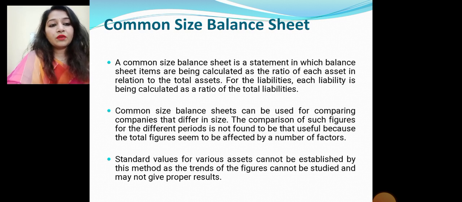The comparison of such figures from different periods is not found to be that useful because the total figure seems to be affected by a number of factors. Standard value for various assets cannot be established by this method, as a trend of figures cannot be studied and may not give proper result.